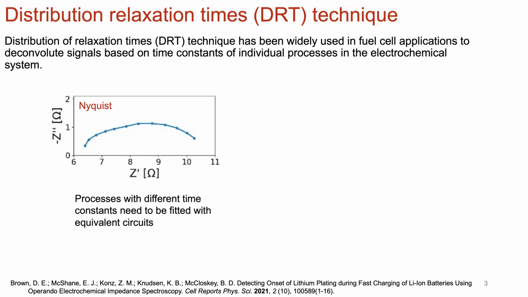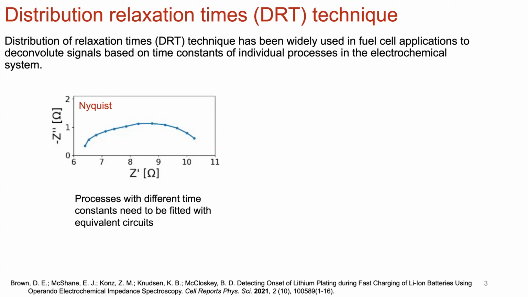And can you detect at a larger stack module level beyond just one cell? So basically going all the way to applying this technique to try to understand when your module is going to fail, or what is the state of health of this cell? So those are really important questions for end users.